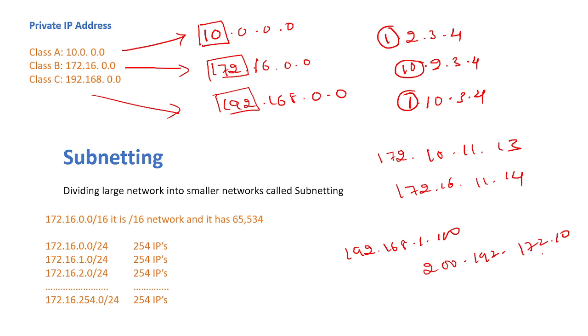Sir, yesterday you told us that each class has one reserved IP for the gateway. Yes, it is always the first IP.